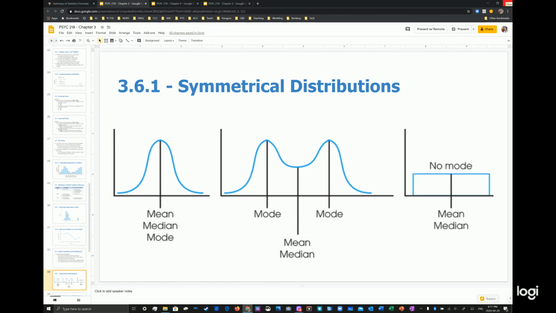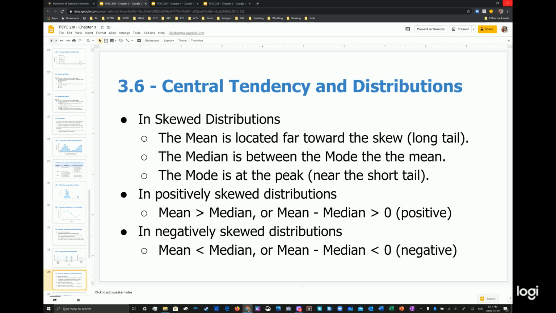So here's an example of this. I drew it out, and the next slide shows you an example as well. In skewed distributions, that's where things get more interesting. That's where the mean, median, and mode start to quote-unquote move around, depending on the distribution. So there are two slides here that will show you. The first one is using point forms, so it will tell you in words what the positioning of the mean, median, mode will look like.